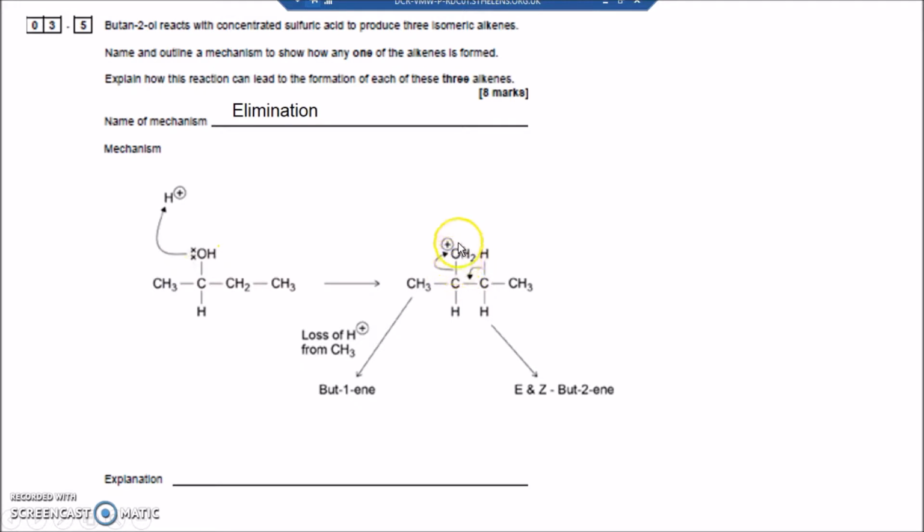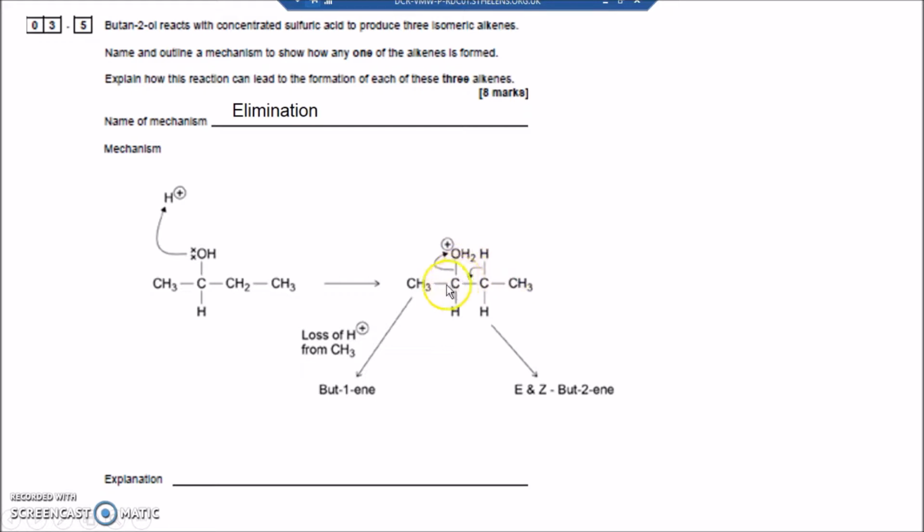Now what actually happens is, this is ready to be released as water, so the bond breaks on the COH2+, the bond breaks and goes onto the plus of the oxygen. That's going to break off H2O, and the plus disappears off the oxygen because electrons have been moved from the bond onto the plus and it neutralizes it. So that will make water.